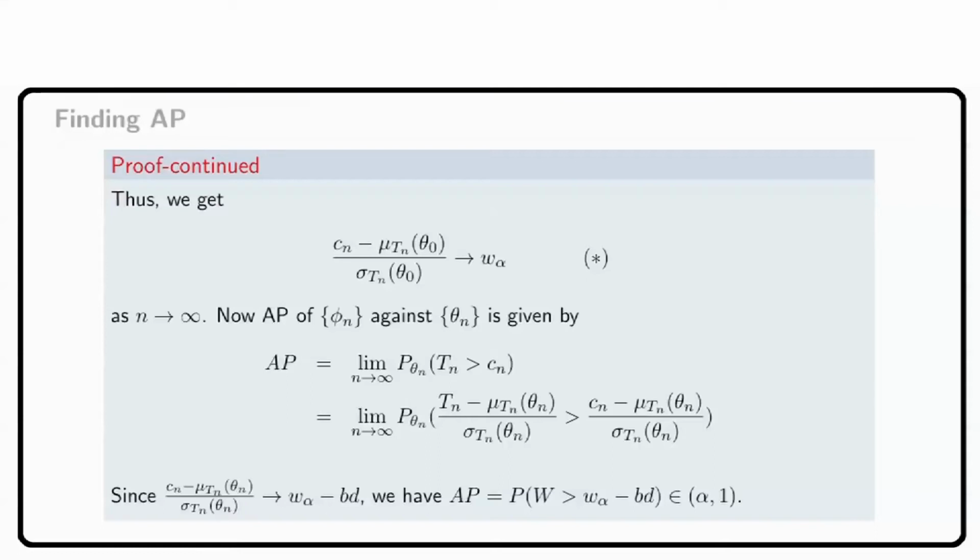And since Cn minus mu Tn theta n divided by sigma Tn theta n, after some algebraic manipulation, goes to W alpha minus Bd as n tends to infinity, using assumptions A3 to A5 and A1 and the equation star, we have AP equal to the probability that W is greater than W alpha minus Bd, and hence the proof is complete. It is worth mentioning that this AP belongs to the open interval alpha 1.